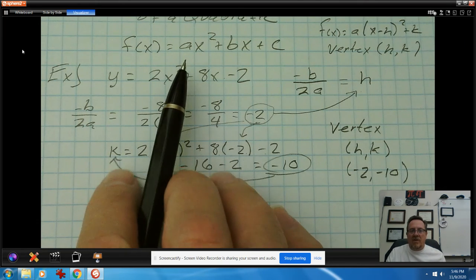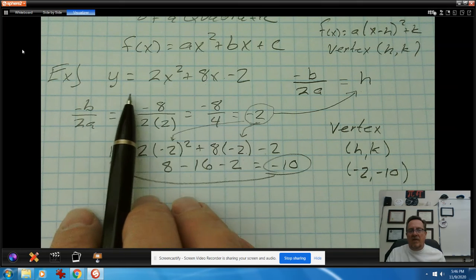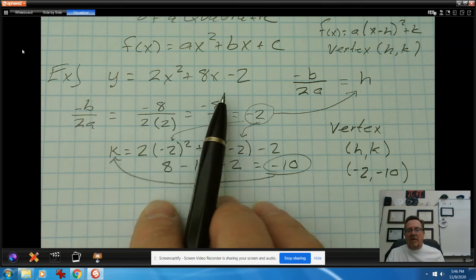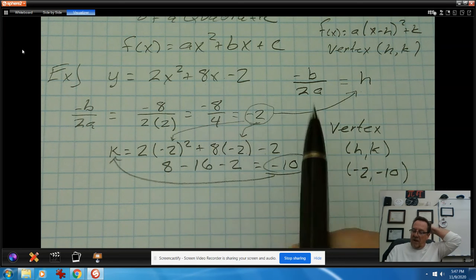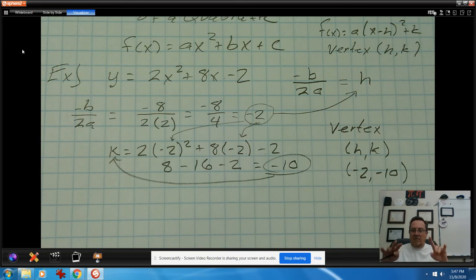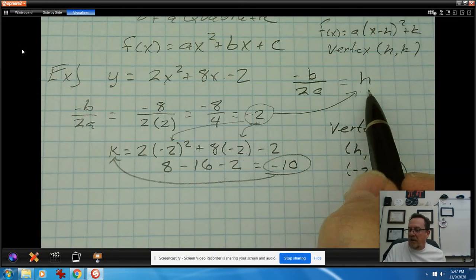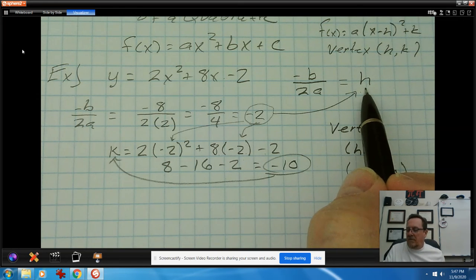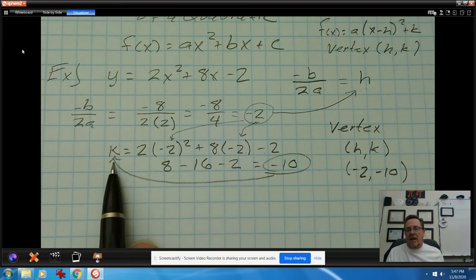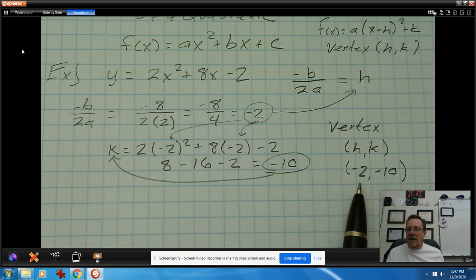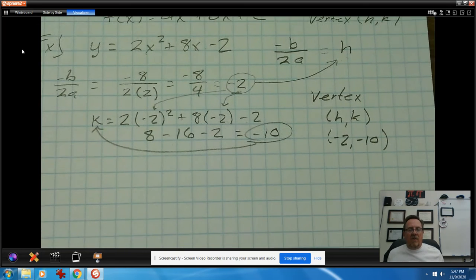They're going to be in this form. So you're going to get problems that look like y is equal to 2x squared plus 8x minus 2. And just by looking at it, I don't know where the vertex is. But if I use my magic, a little bit of mojo here, to find my h, then I can plug my h back into the original equation to get my k. And once I know my h and my k, then I'll know where the vertex is. That's the magic that's happening there, okay?